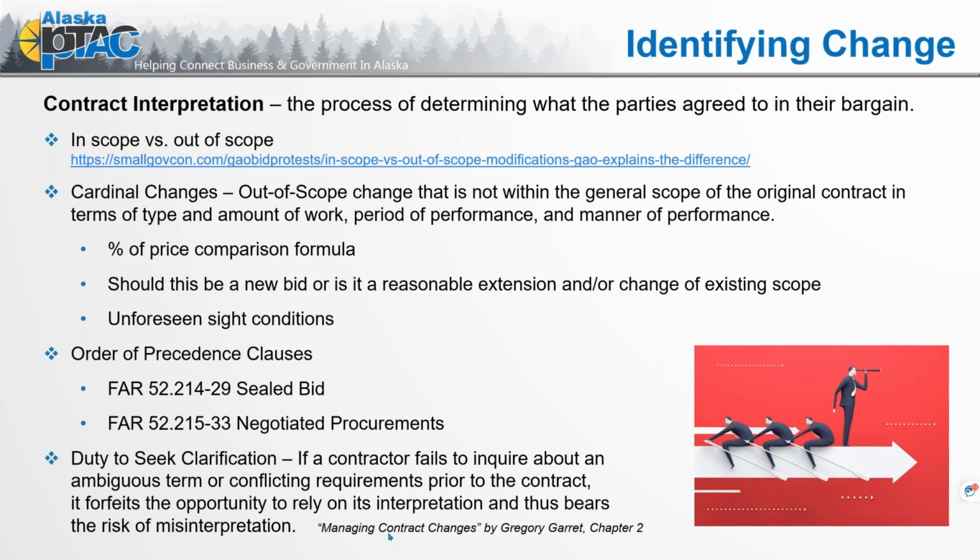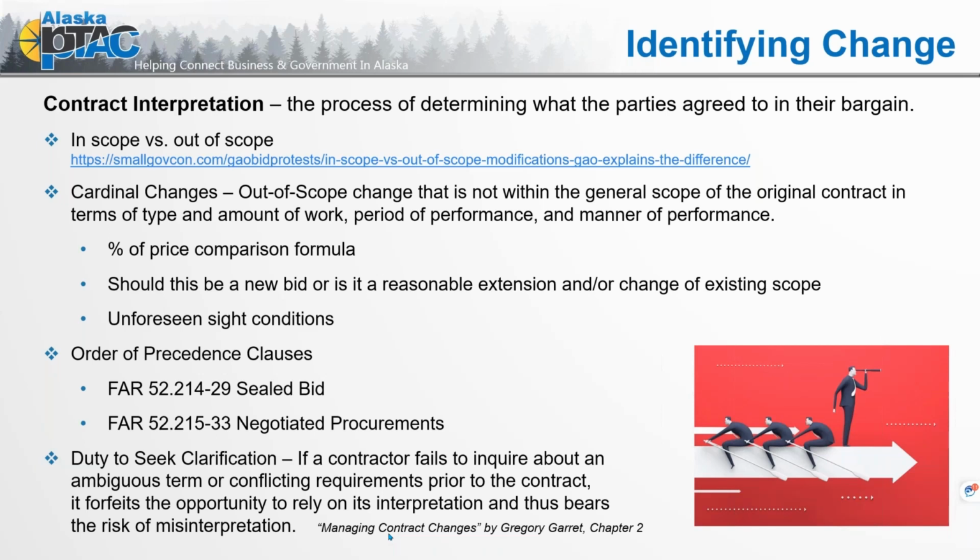So often, if we as contractors see a flaw in the contract, in the solicitation documents, in the plans, in the specifications, we think, aha, I can fix this as a change order after award because I know it's not going to work. So I can come in, bid low, and then make up my money through change orders. Well, the government has started pushing back on that, and that's this duty to seek clarification.